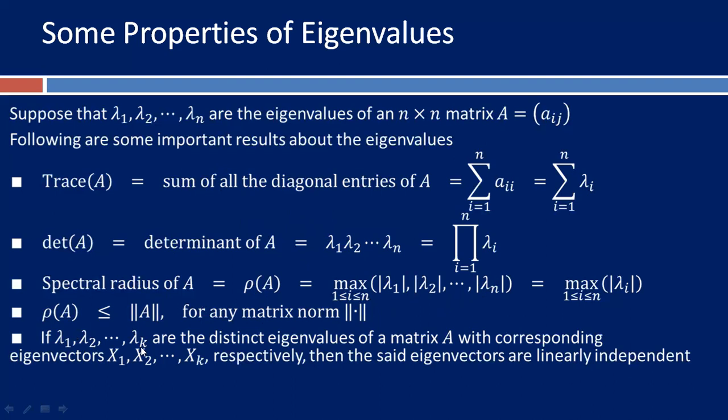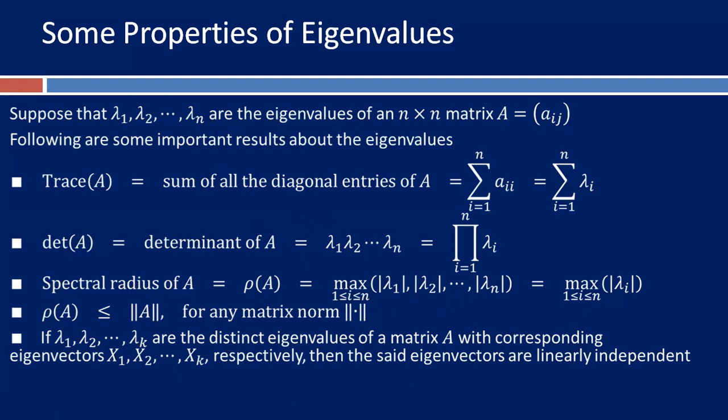Lambda 1, lambda 2, and so on up to lambda k are distinct eigenvalues of a matrix A corresponding to the eigenvectors x1, x2, and so on up to xk respectively. Then these eigenvectors are linearly independent. If we have distinct eigenvalues and eigenvectors corresponding to them, then our eigenvectors are linearly independent.